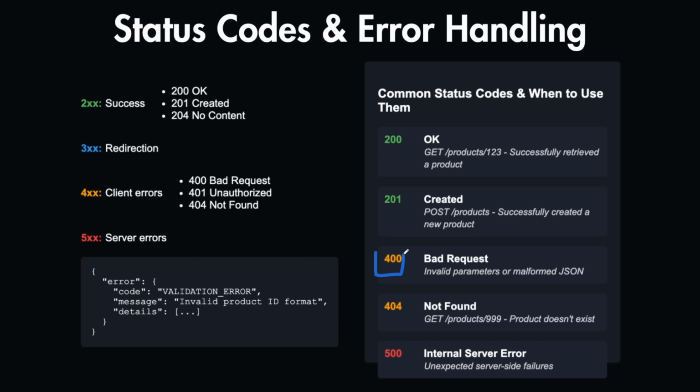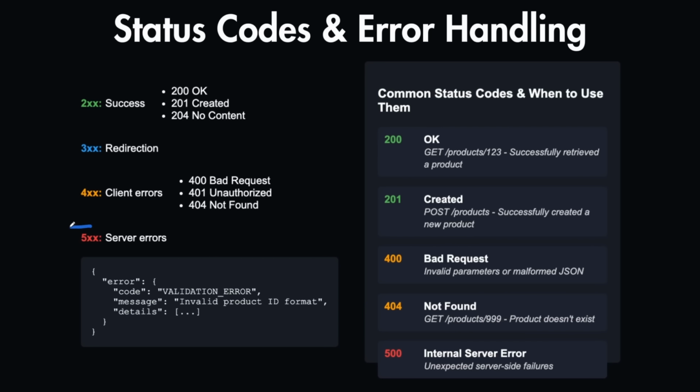For the 400 case, let's say you made a request with invalid parameters or some wrong JSON format. In this case, you would get a generic 400 bad request. But if a user makes a request to get some product with a given ID, and it doesn't exist in the database after querying it, then you should respond with the 404 status code, meaning the resource has not been found.